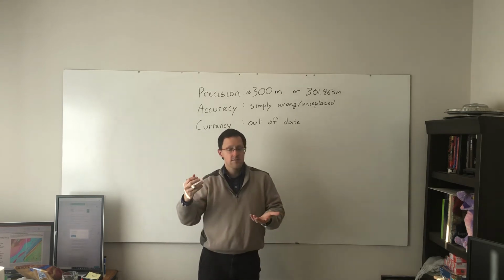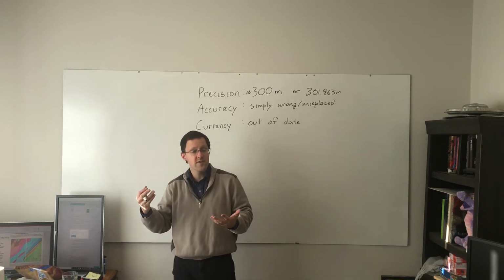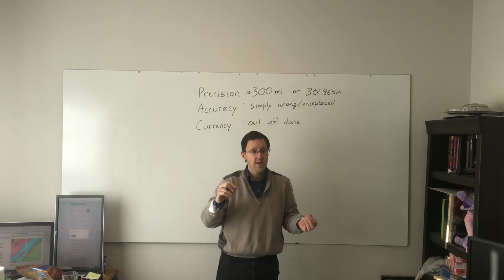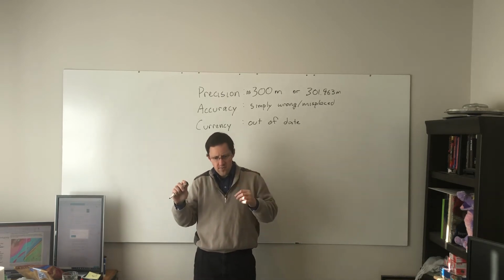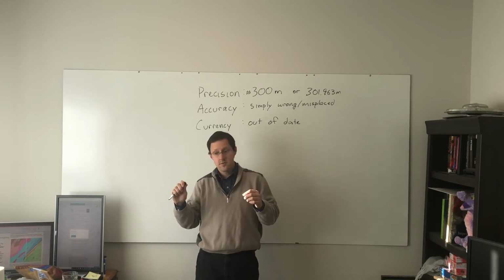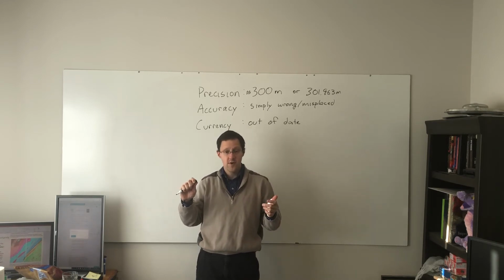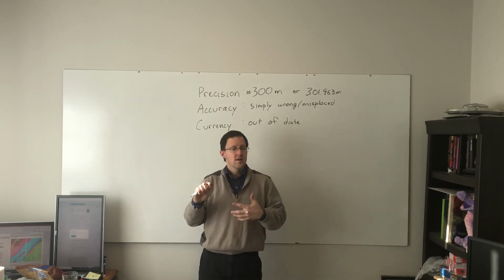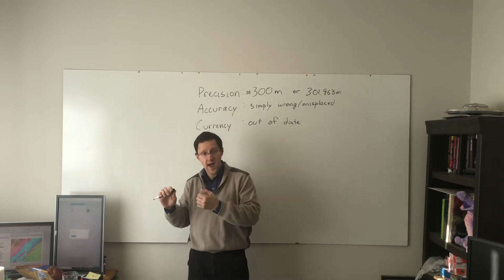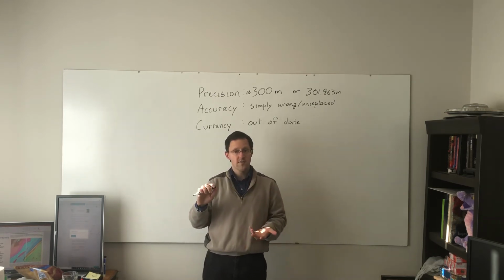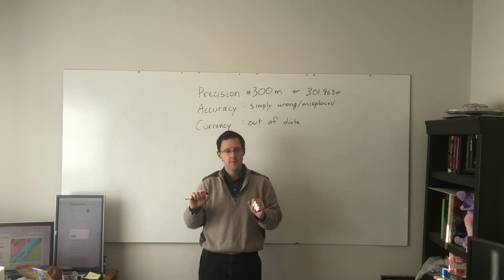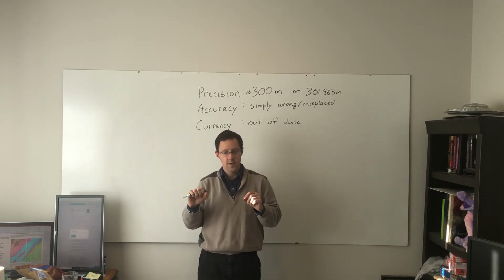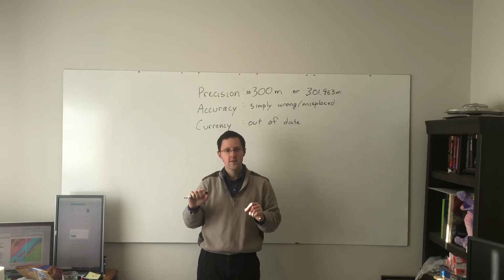Is the data current or new or recent enough to still be accurate in a sense? So, to take a very egregious example, if you wanted to look at demographics for Morgantown or for Monongalia County, and you pulled census data from 1960, the population would be much smaller.